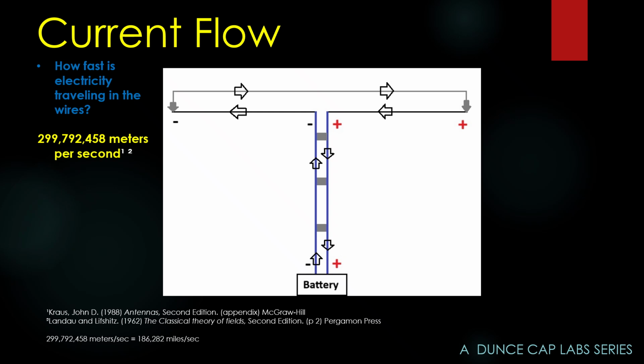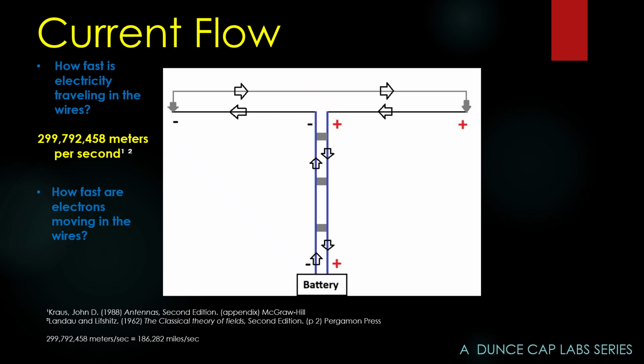How fast is the electricity flowing in the wires? Well, science tells us it travels at the speed of light, which is, as you can see, really, really fast. So if electricity is traveling that fast, and electricity is the flow of electrons, how fast are electrons moving in the wires?